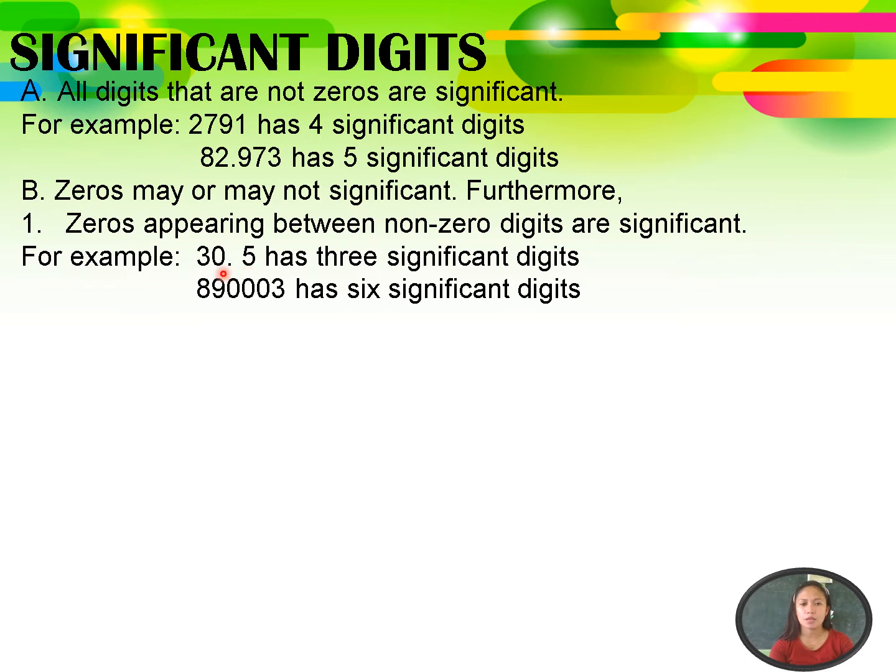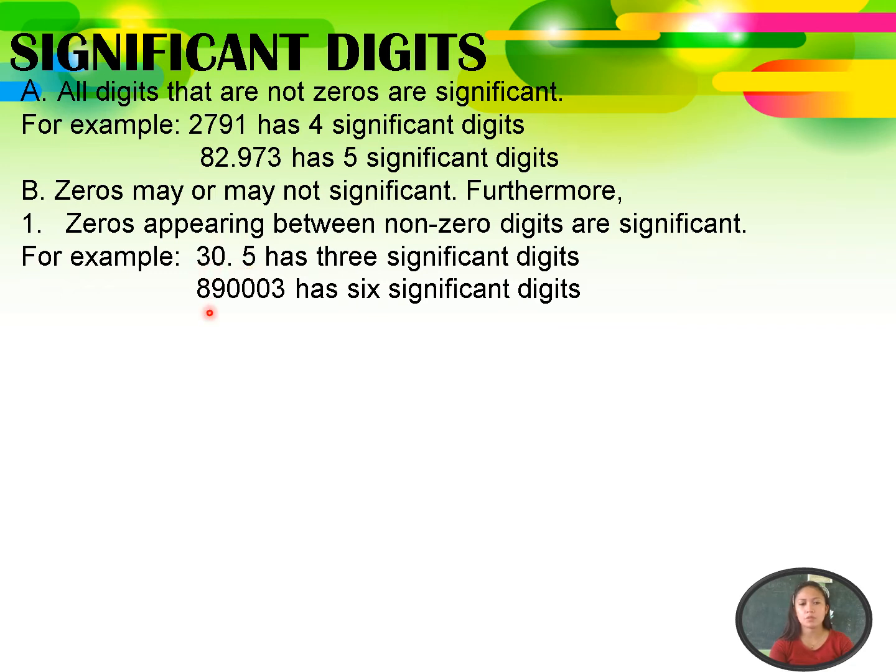So in this case, 0 here is considered as significant. That is why in this number 30.5, it has 3 significant digits. So we have 1, 2, and 3.